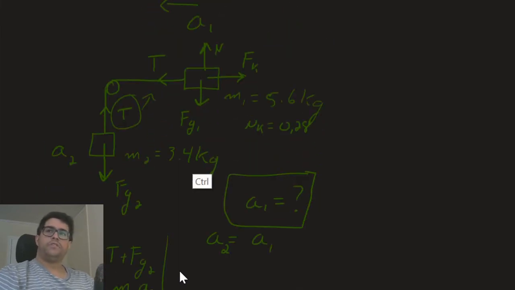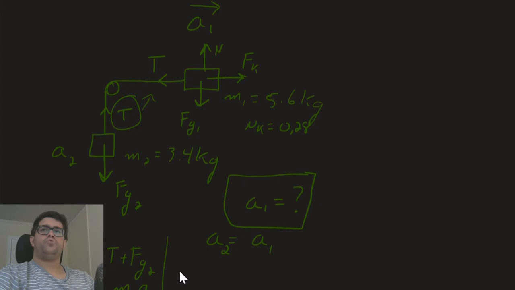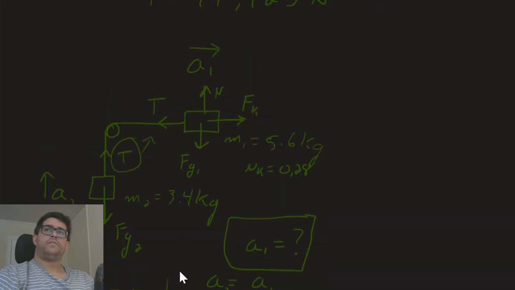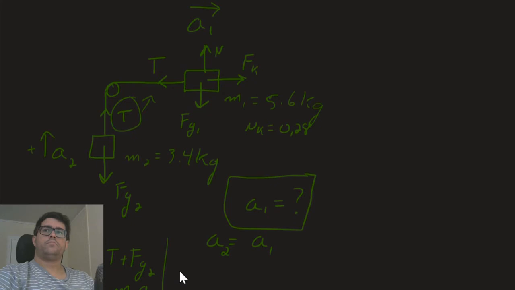And if for any reason I would maybe pull on the block so that A1 would go this way, then A1 would be positive, and A2 would go where? It would go up, right? Because as I pull the block around like this, this block goes right, and this block goes up. And in both cases, right is positive and up is positive.